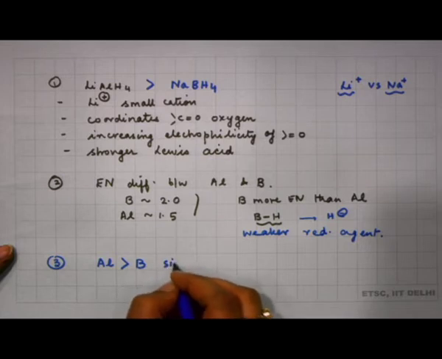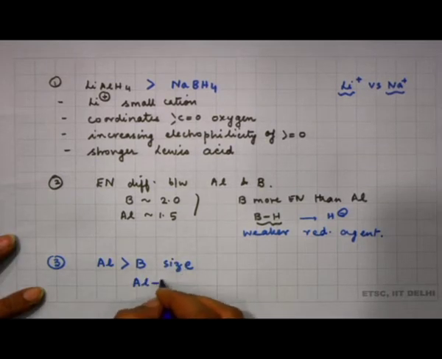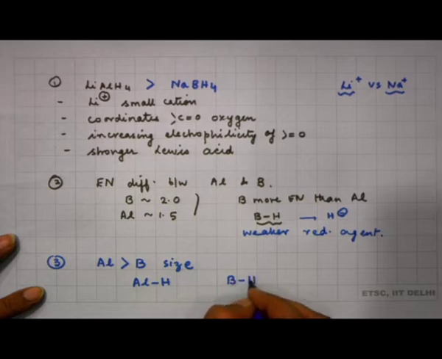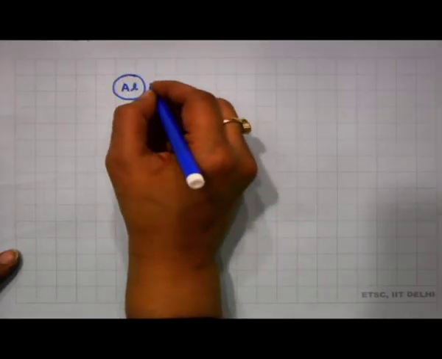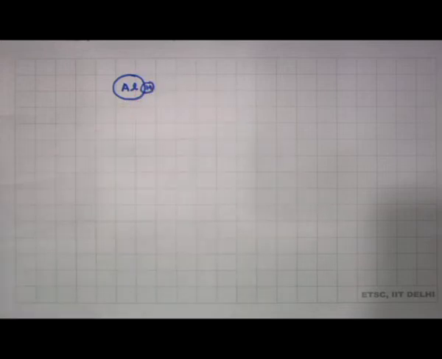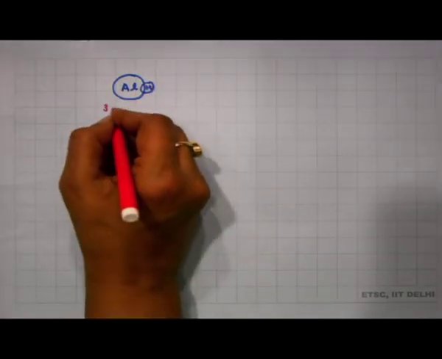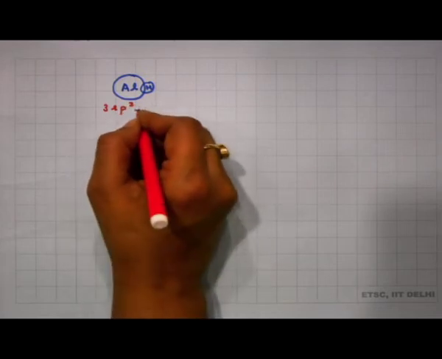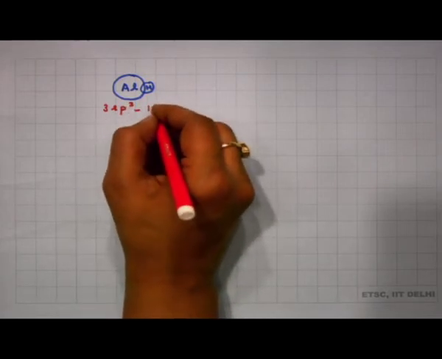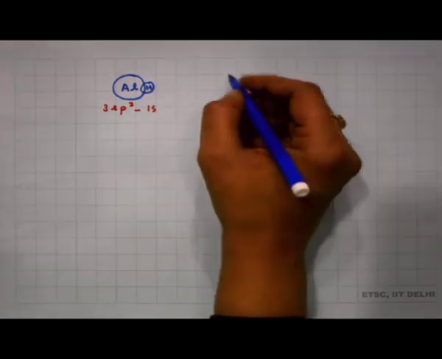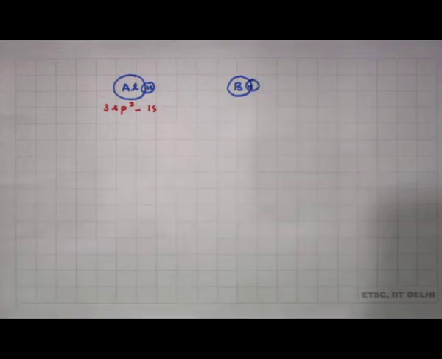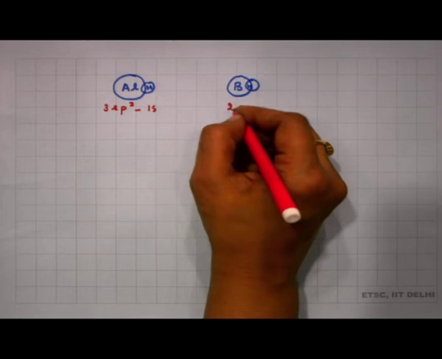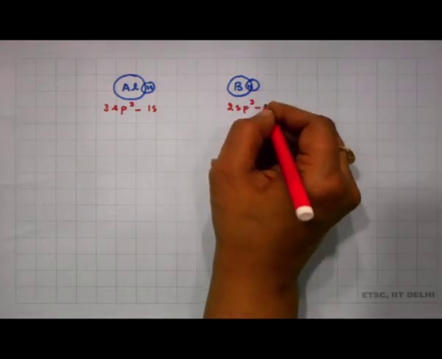If we compare the orbital picture, for aluminium and hydrogen it is the 3sp3 of aluminium which bonds to the 1s of hydrogen, and for boron and hydrogen the overlap is between the 2sp3 and 1s.